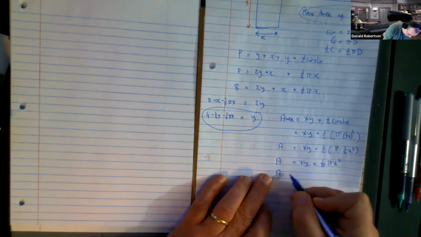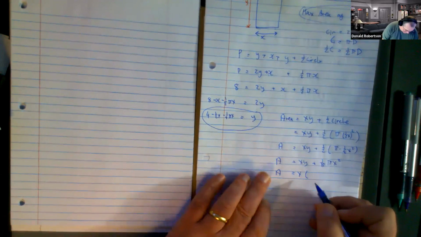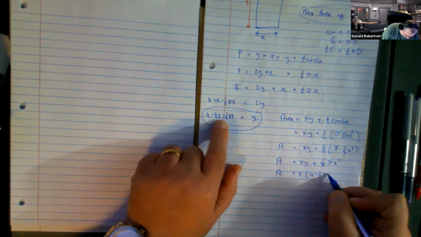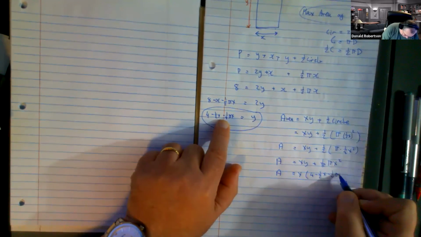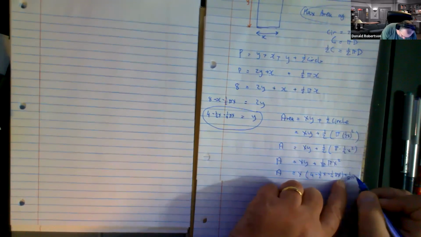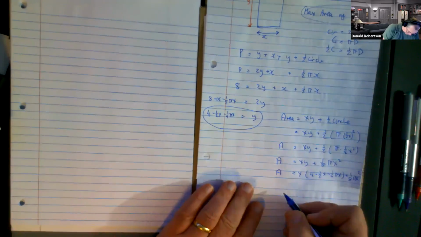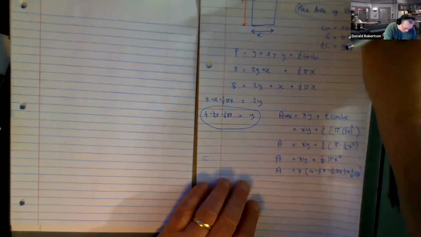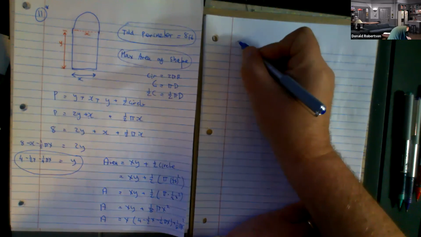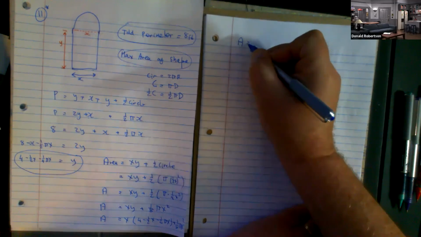And then the area is going to be x times that ugly guy plus 1/8 pi x squared. So let's see what we have.